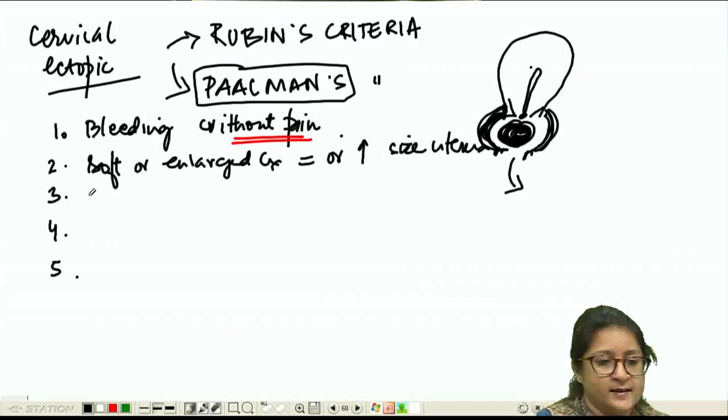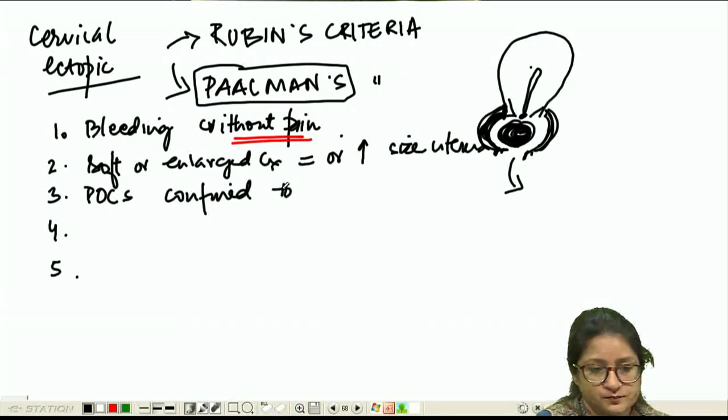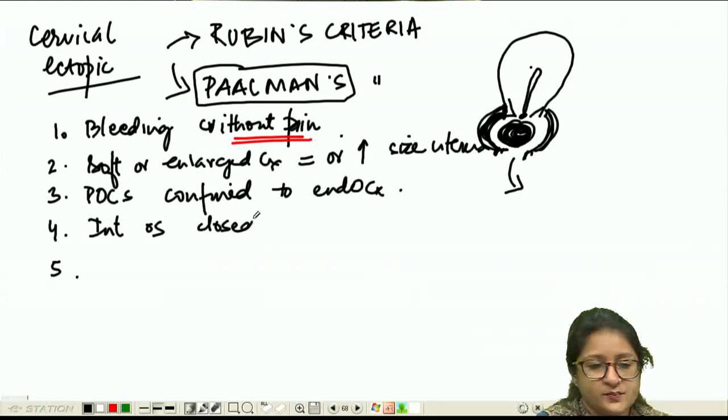Then the POCs are confined to the endocervix. The internal os is closed. The internal os being closed establishes the fact that this pregnancy has been here. It is not like it has travelled from above and lodged in the endocervix, alright.